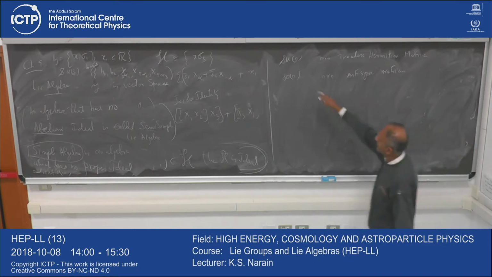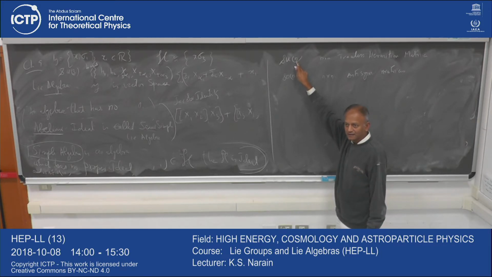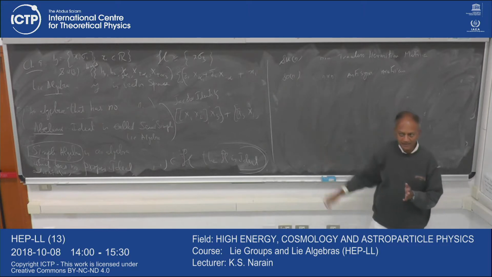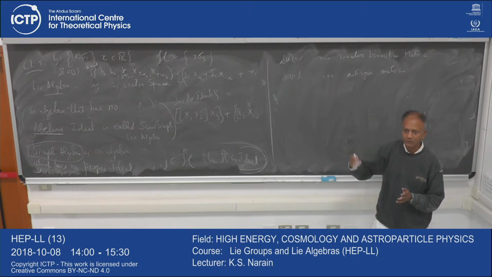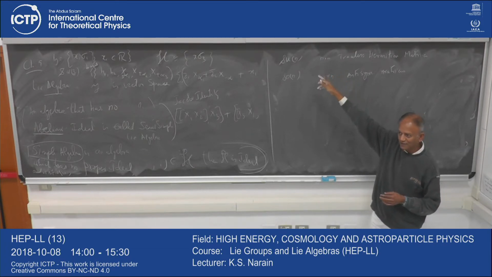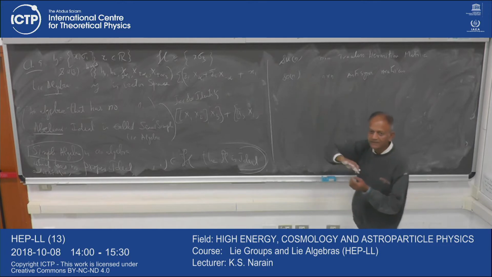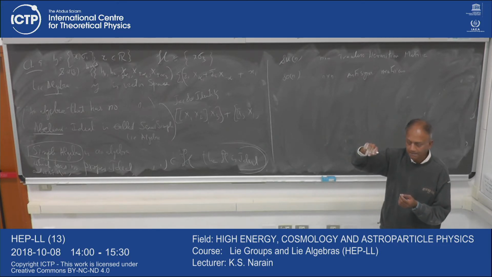Now these algebras, as you can see, are well defined for any n, right? So there is an infinite number of such algebras. N can be any integer, 2, 3, 4, 5, 100, million, whatever, and for each of them there is a Lie algebra. So this is what's called an infinite series of Lie algebras.